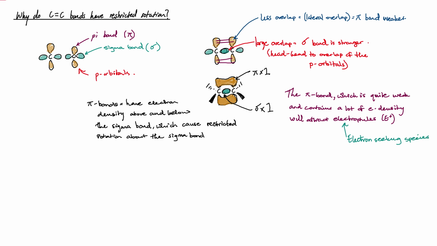An electron seeking species can either be slightly positively charged, or completely positively charged, and in that case it'd be an ion. Now that's really quite important, and that leads you on to electrophilic addition. So we can add again to this bit here. This goes a bit off topic, but this is why unsaturated molecules undergo electrophilic addition.